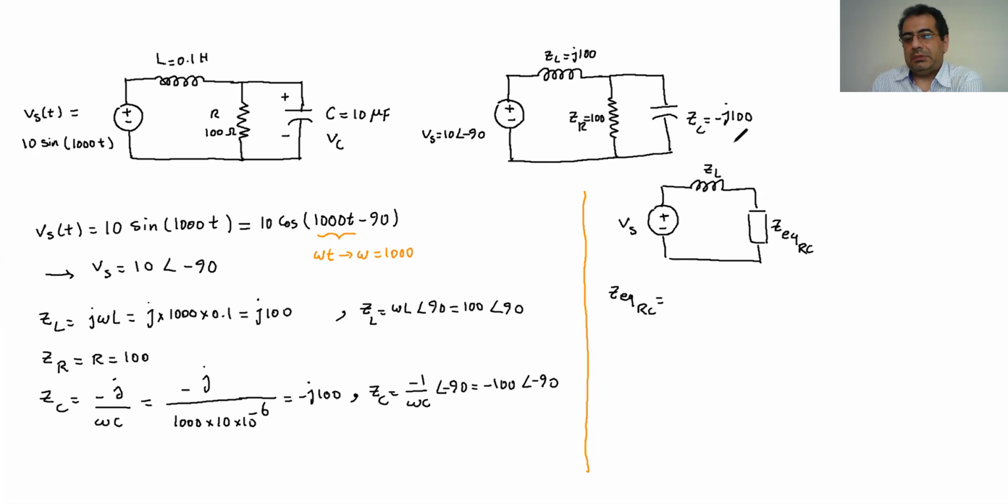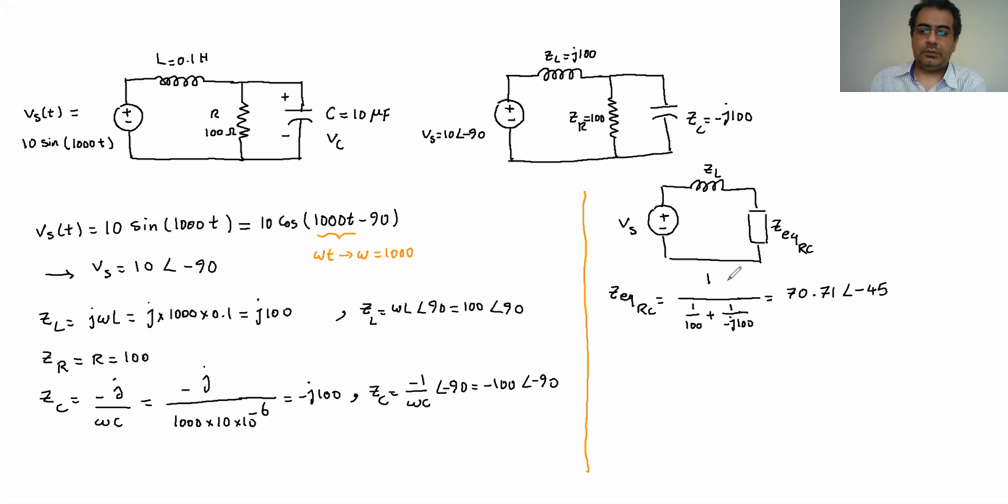So how do you find it? The same as we did before. They're in parallel, so it's going to be 1 over 100 plus 1 over negative J100. If you plug it in your calculator and do the calculation, eventually you are going to get 70.71 with angle of negative 45.